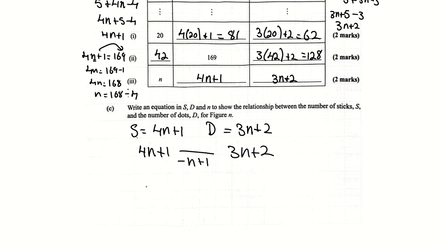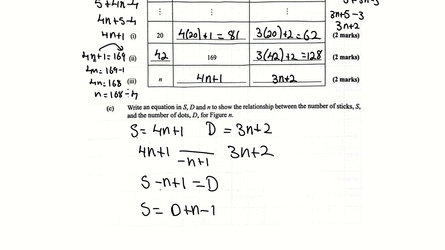So I could say that S minus n plus 1 would give you D. Right? Or I could have said, if I made S the subject, it would have been D plus n minus 1.